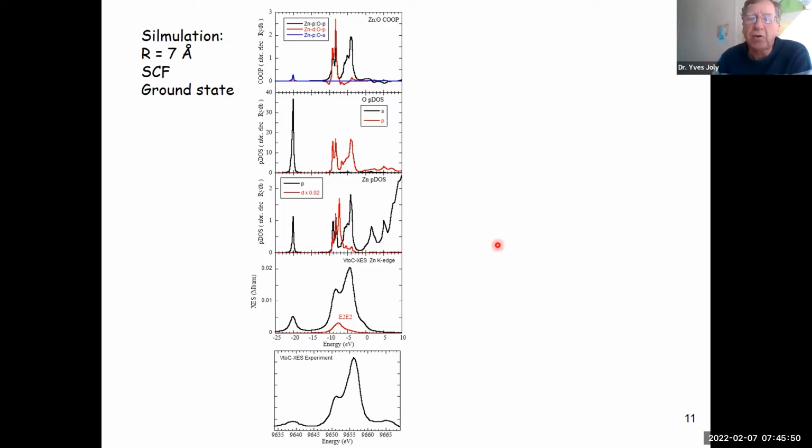So in the output of the code, you can have the classical spectra, XANES or XAS, but you can also have the density of states projected on the different atoms. For example, here is the density of states of oxygen for the s state and for the p state.